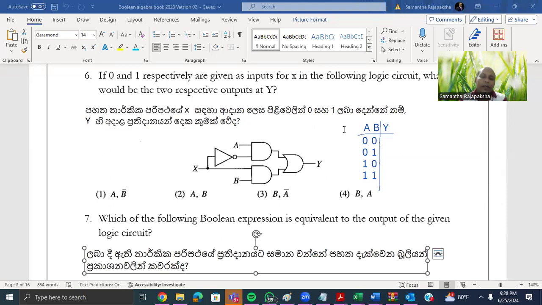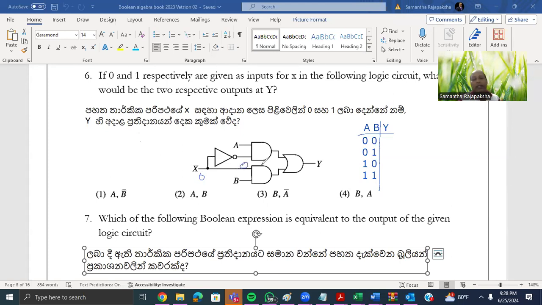Now here, x is the input we are given. When x is 0, you can see this will be 0.